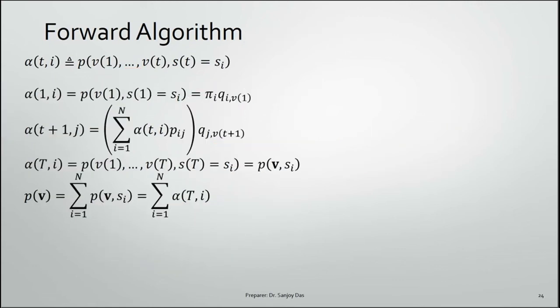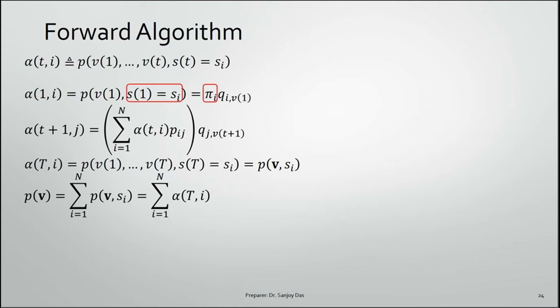So here are the components of the forward algorithm. By definition, alpha ti is the probability of the output sequence v1 through vt and the time step at t being si.